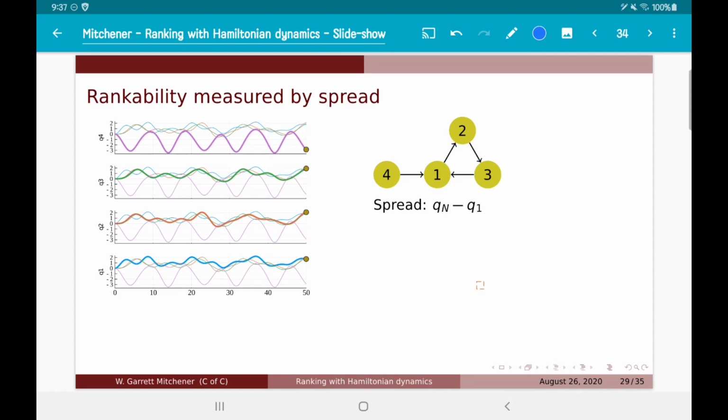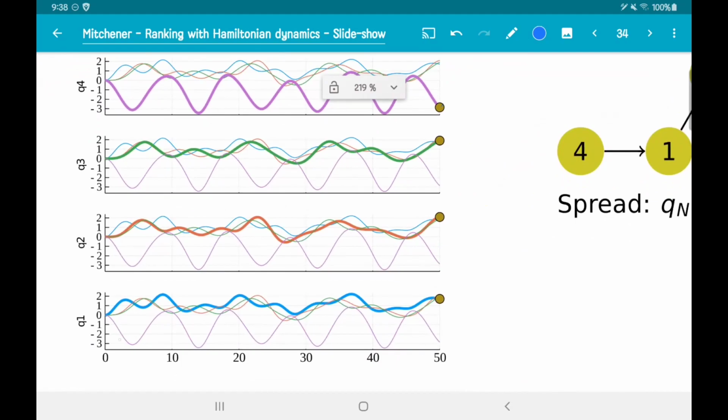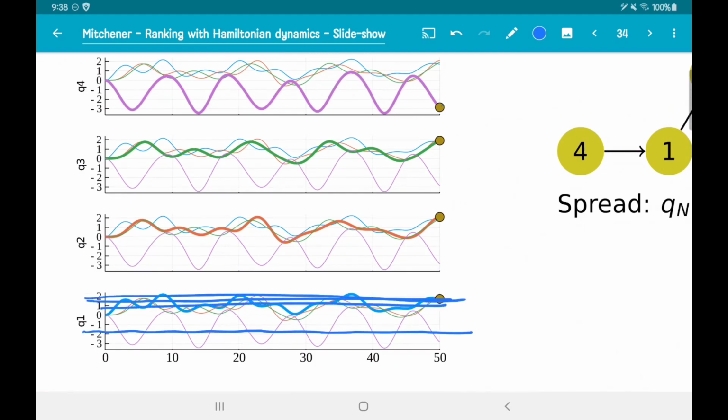If you look at it from the average integral perspective, the average value of Q4 is somewhere down there, and the other 3 particles are oscillating up there somewhere. And whatever that distance is would be the spread for the average integral method.